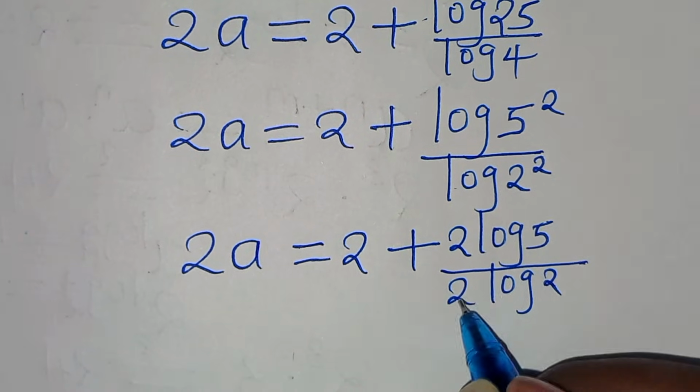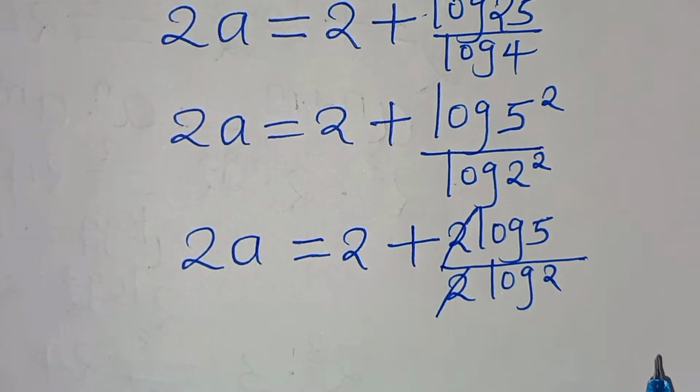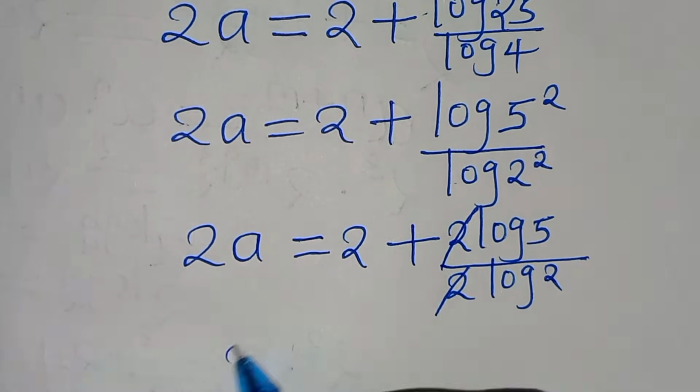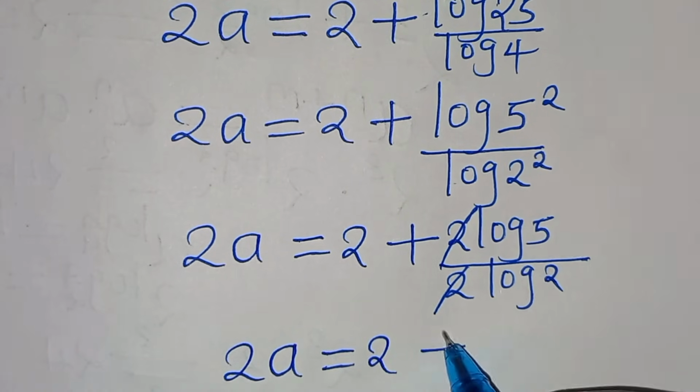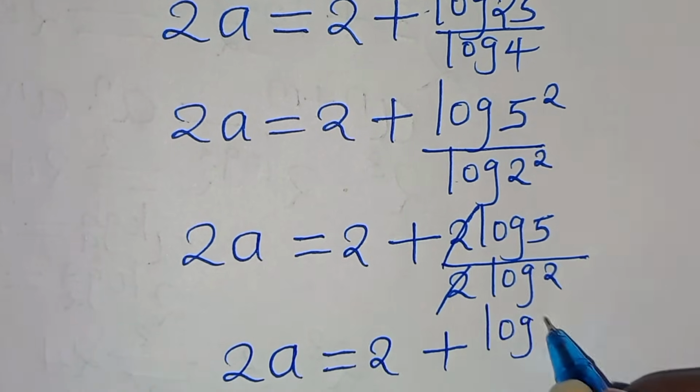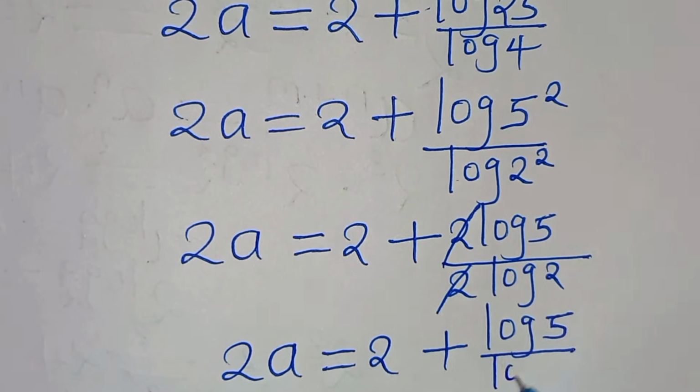So let's simplify 2 and 2 here so that now we have 2a, this is equal to 2 plus, this is log 5 divided by log 2.